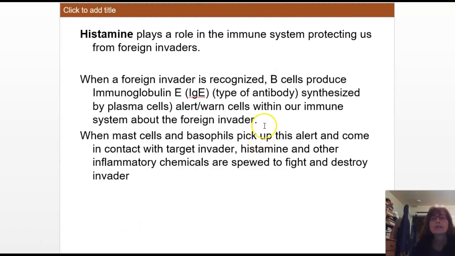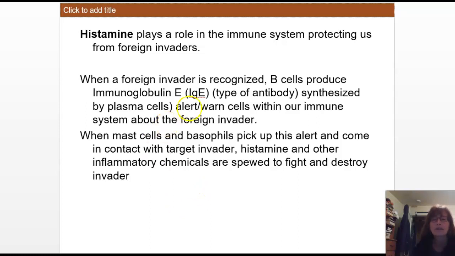So histamine, we already mentioned its role in the immune system, and this is information you don't need unless you want to learn a little more about how it's made, who releases it, and how this has an effect when something is an allergen, something in our body that's an invader.